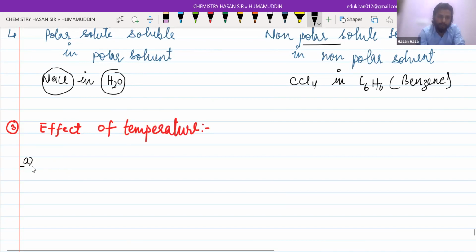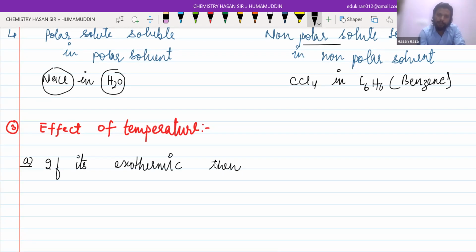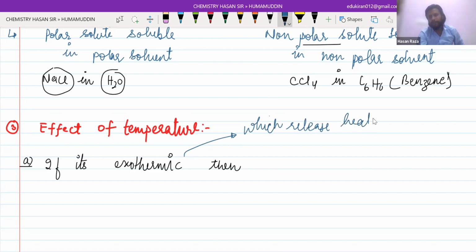So if it is exothermic, then can anyone tell me, both of you, what is exothermic? Exothermic is the one which releases heat energy. So basically a process in which heat energy is released.